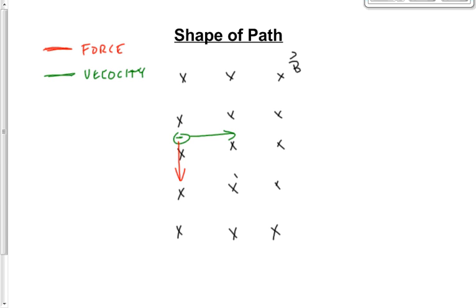All right. If this particle is moving to the right but experiences a force downwards, where does it go? Does it keep going to the right? Okay, good. It keeps going to the right, but not straight to the right. It goes down a bit as well.